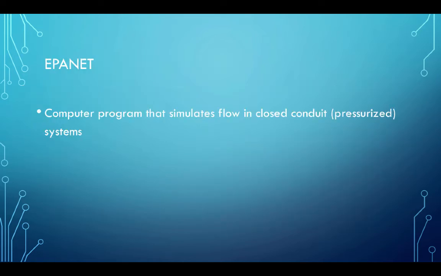So EPANET itself is a computer program that simulates flow in closed conduit pressurized systems. Functionally, it's identical. The computation engine works identically to the Newton-Raphson hybrid method that was presented earlier in the course. Naturally, it's not running in a spreadsheet anymore, but the underlying arithmetic is essentially the same.